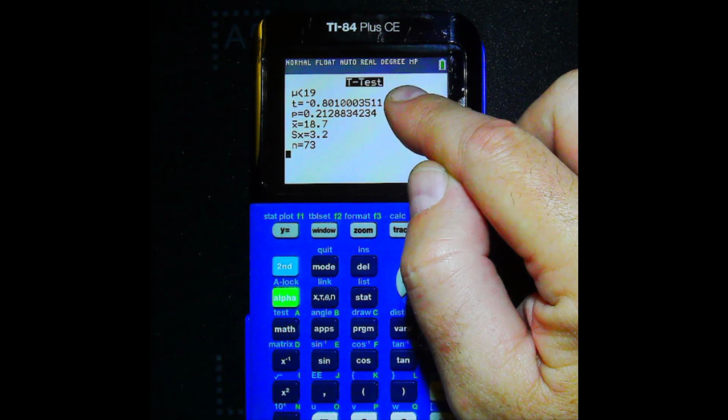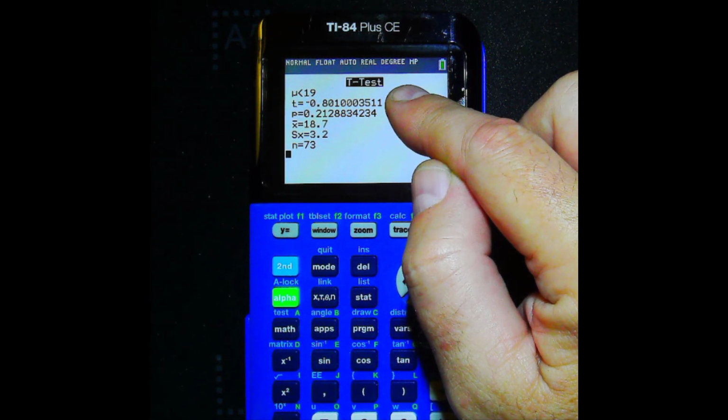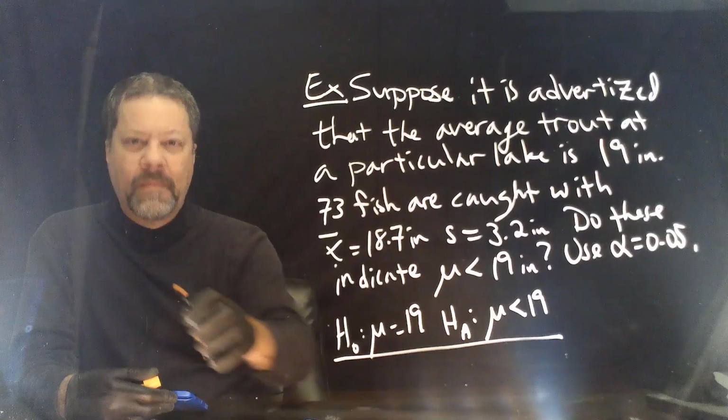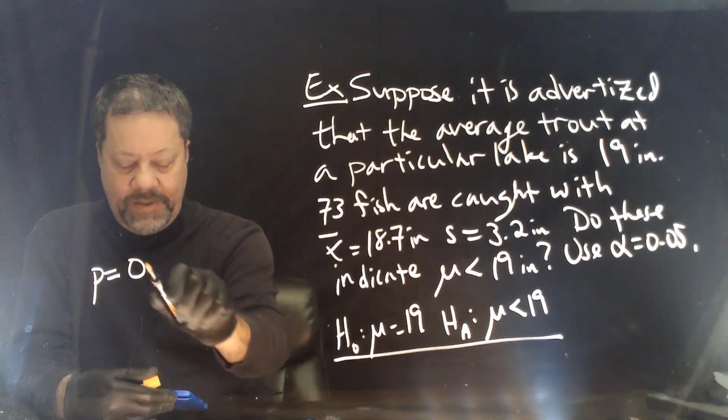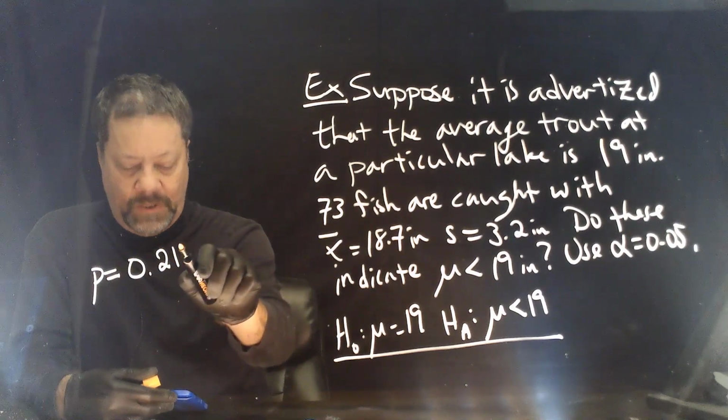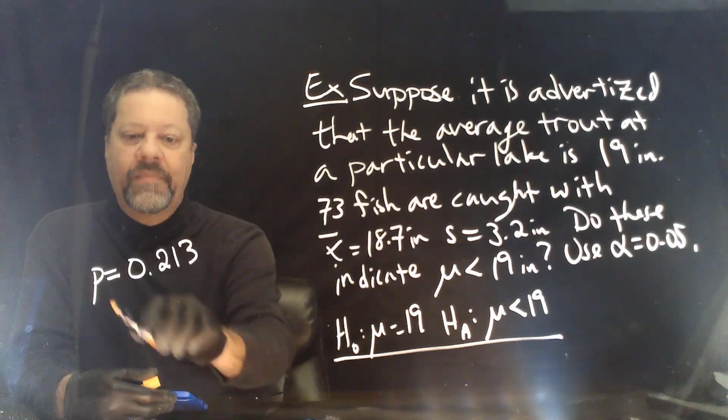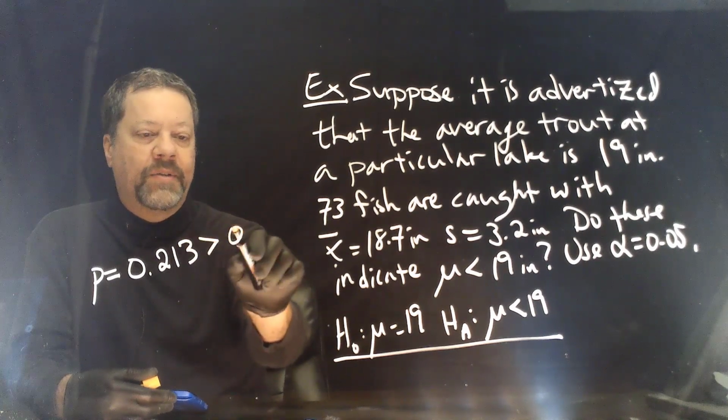You can see this with the t-value as well, which is only negative 0.8. That's less than 1 standard deviation below the mean, which is not a very rare occurrence. In this case, the p-value that we get is 0.213, which is definitely greater than 0.05.